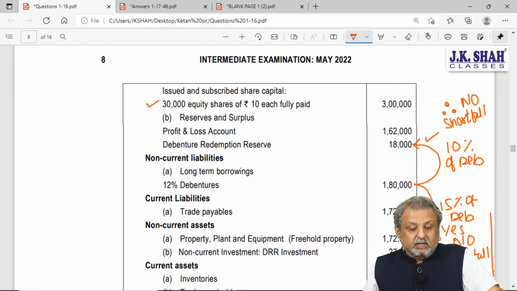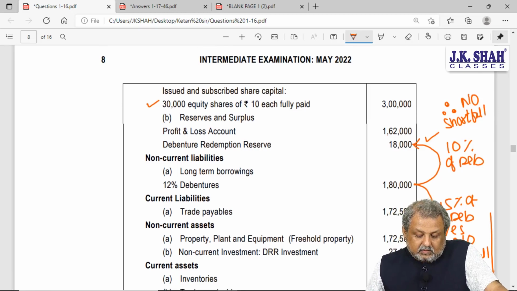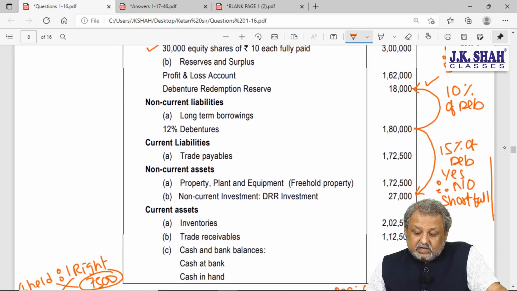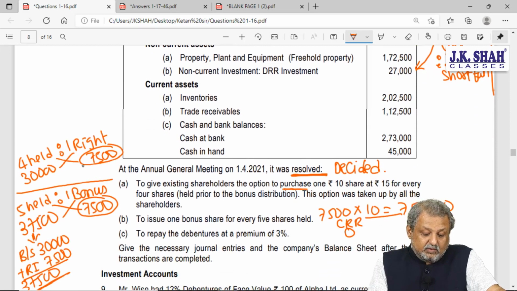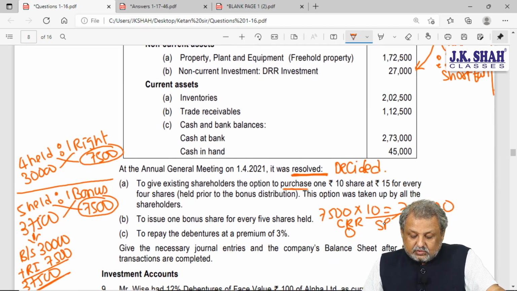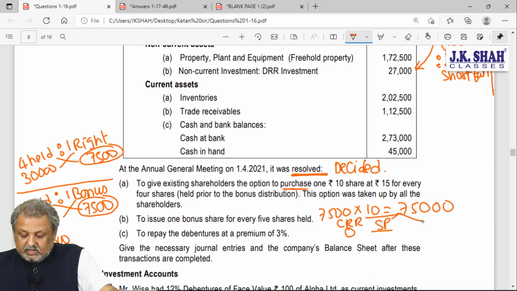There is only P&L. But there will be some securities premium when you are making some right issue. So according to that you have to use securities premium, and the remaining you can use P&L. And then lastly it is repay the debentures.